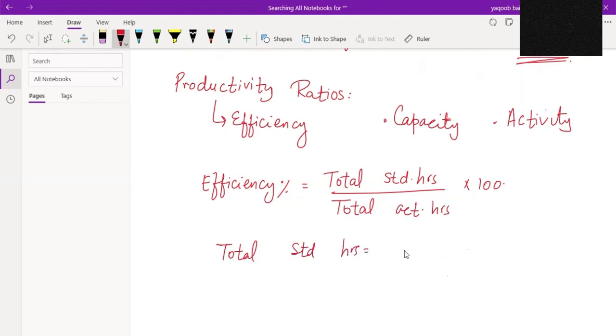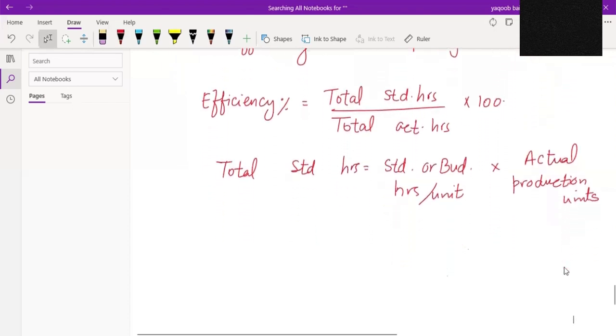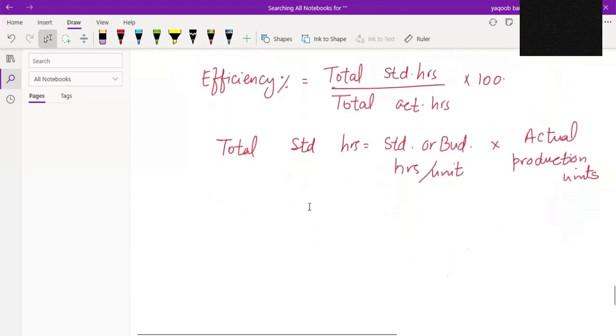Total standard hours is equal to standard or budgeted hours per unit into actual production units. This is called total standard hours.